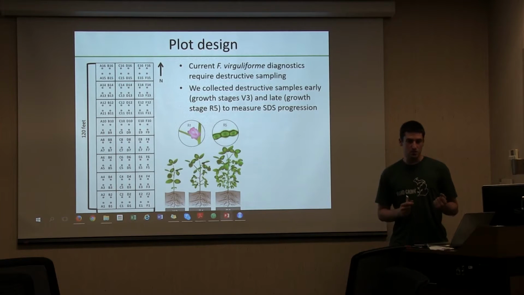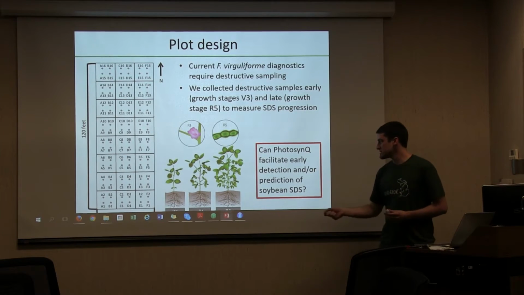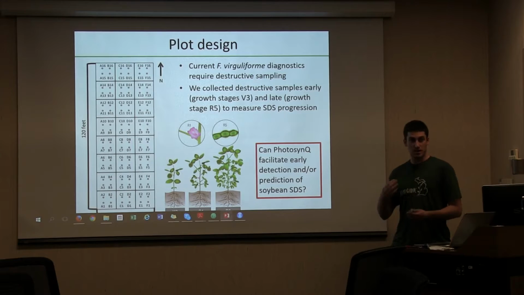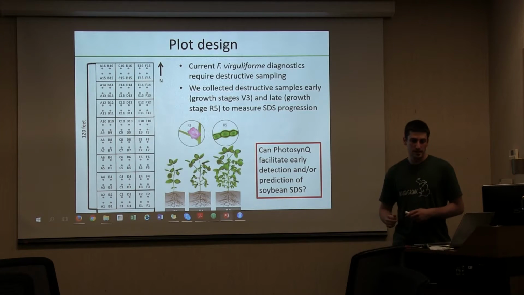We wanted to see whether or not they correlated. So back to our main question: can PhotosynQ help facilitate early detection without destructive sampling? And extending on that, can it help predict the development of the foliar symptoms?